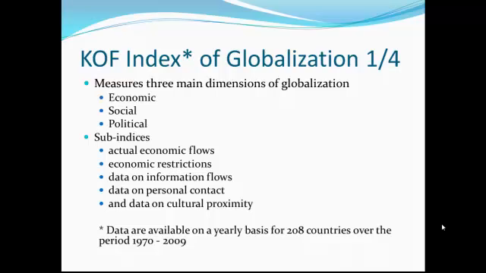Now, but let us look at the social globalization. The social globalization classifies itself into three categories. The first covers personal contacts. The personal contact is meant to capture direct interaction among people living in different countries.